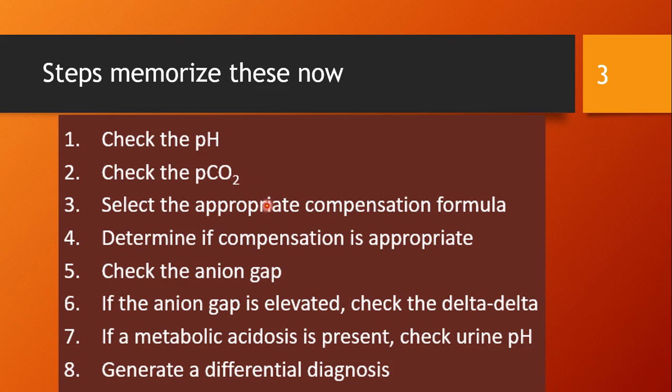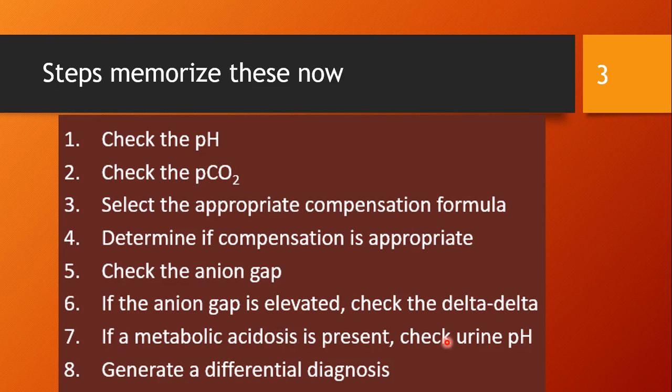Then you're going to check the appropriate compensation formula. I'll show those in a little bit, how that works. After you check the appropriate compensation formula, then you're going to determine if the compensation is appropriate. Once you determine that, then you're going to check the anion gap, and I'll show you how to do that as well. If the anion gap is elevated, check the delta-delta. If a metabolic acidosis is present, check the urine pH, and I'll tell you if you have renal tubular acidosis.